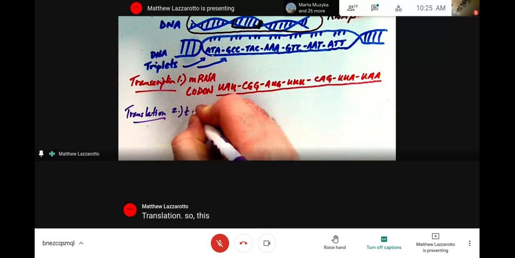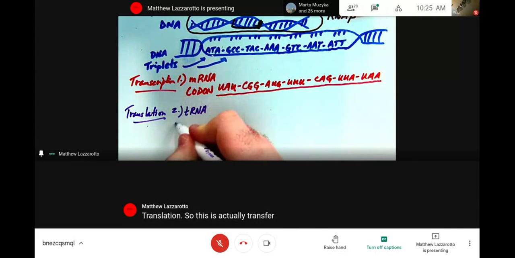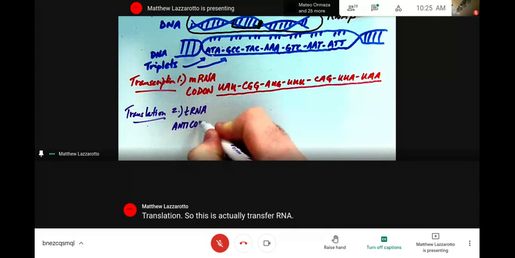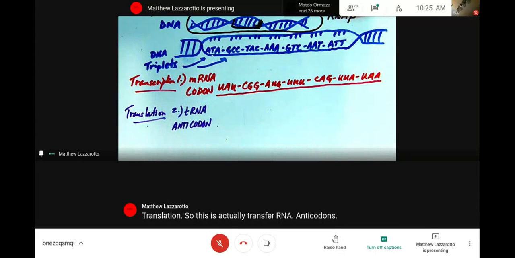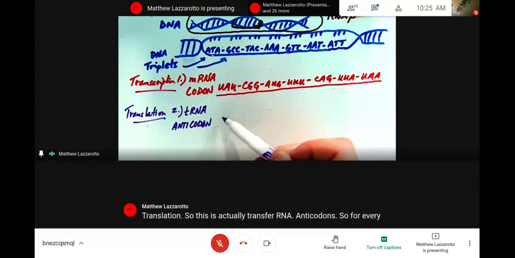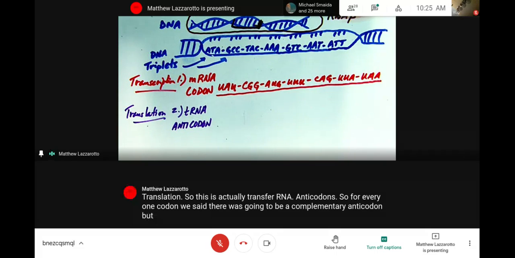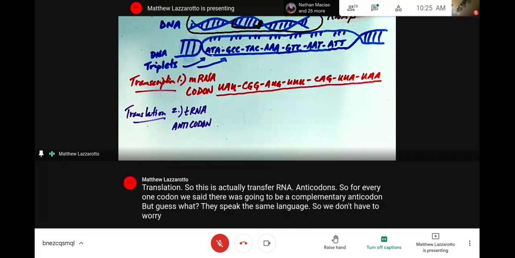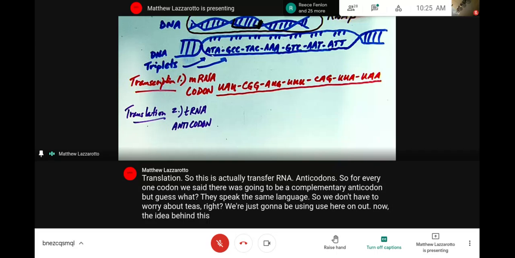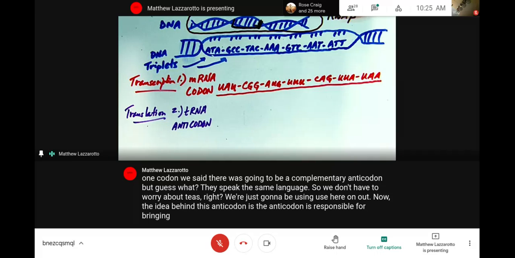So this is actually transfer RNA anticodons. For every one codon, there is going to be a complementary anticodon. But guess what? They speak the same language, so we don't have to worry about T's. We're just going to be using U's from here on out. The anticodon is responsible for bringing an amino acid.